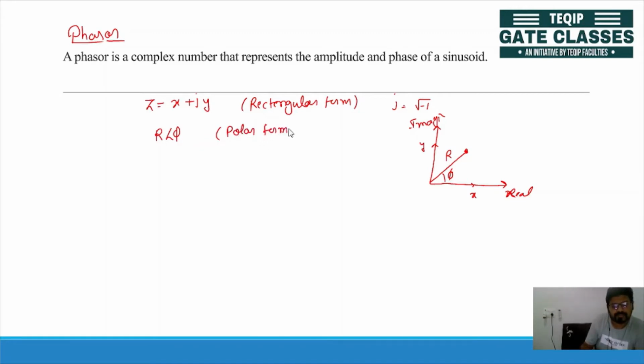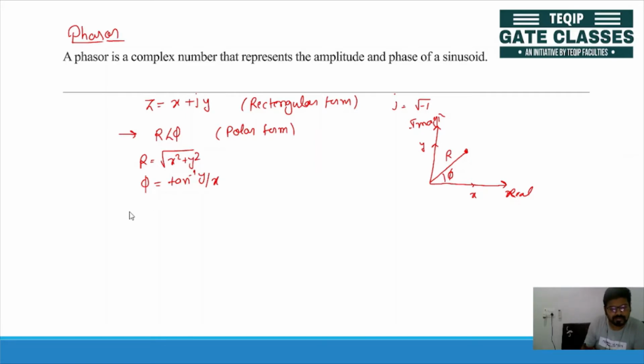Polar form, where r is under root x square plus y square, that is the magnitude, and this phi is the phase angle, that is tan inverse y by x. Okay, so this is called the polar form of a complex number.